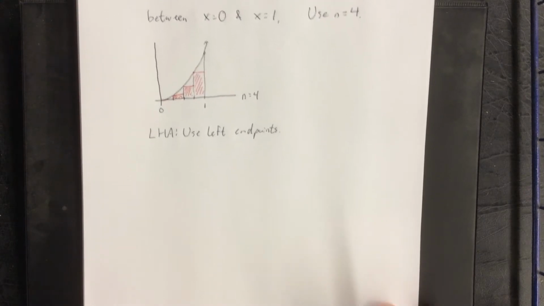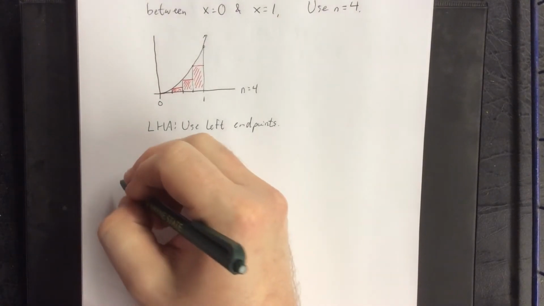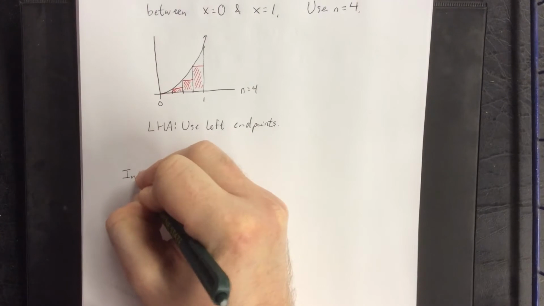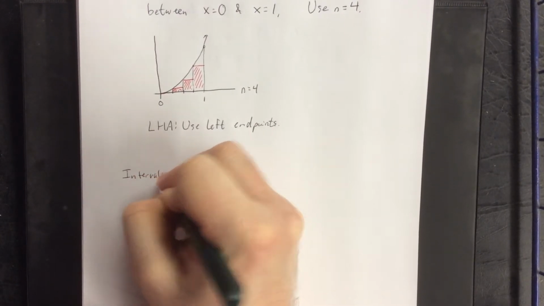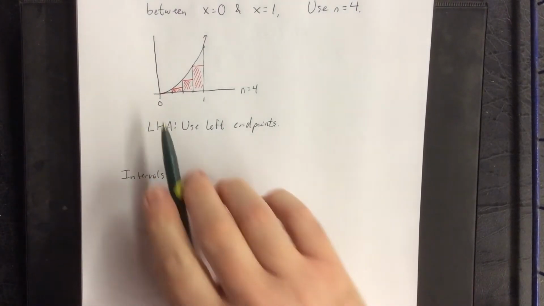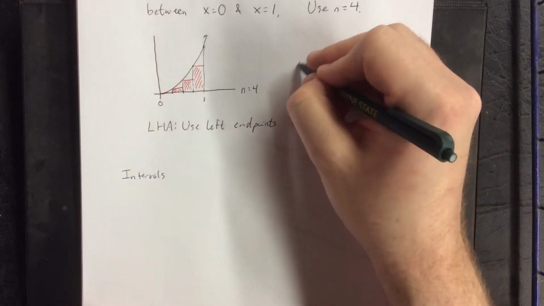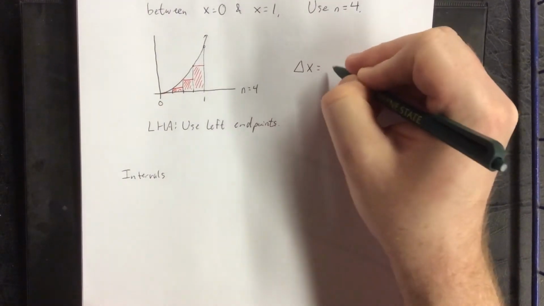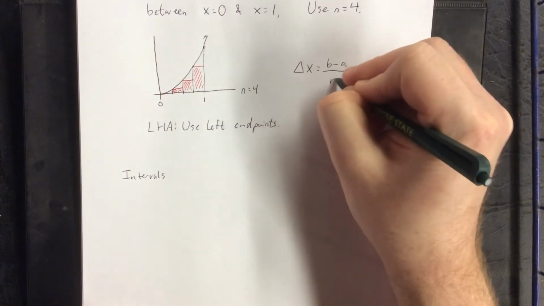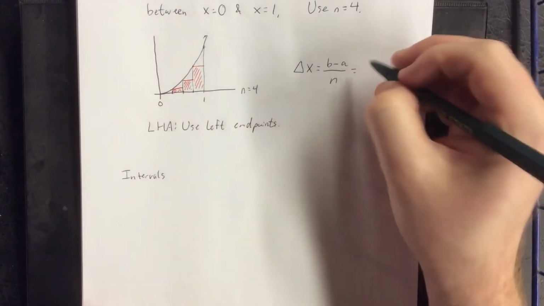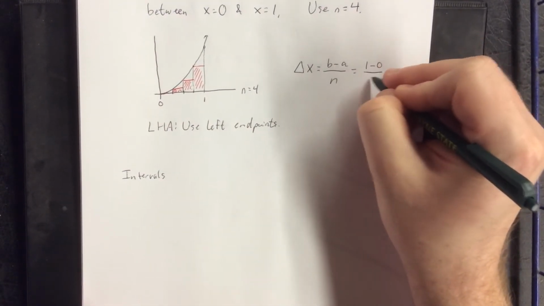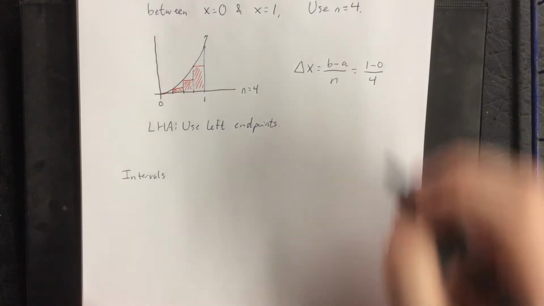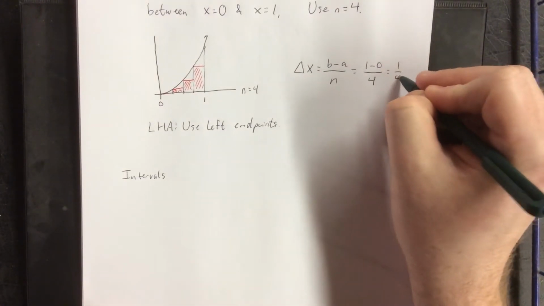So what I'm going to do is set up a little table of all the things that we're doing. So we have a total of 4 intervals. We should figure out the length of each of those intervals. Our delta x value is going to be equal to b minus a all over n. b minus a is referring to 1 minus 0, and n is referring to 4. So the length of each subinterval is going to be 1/4.